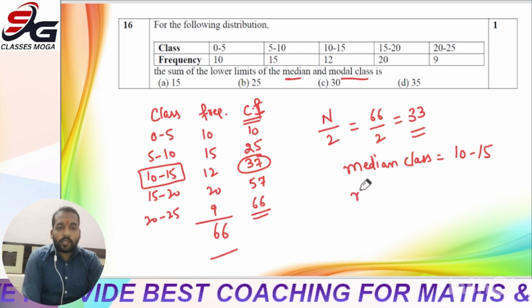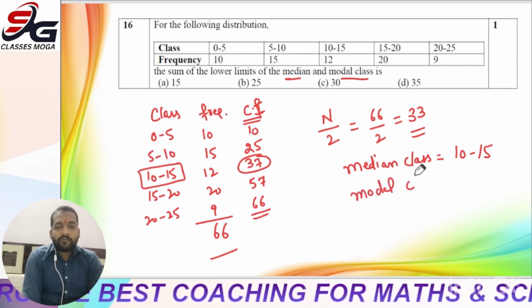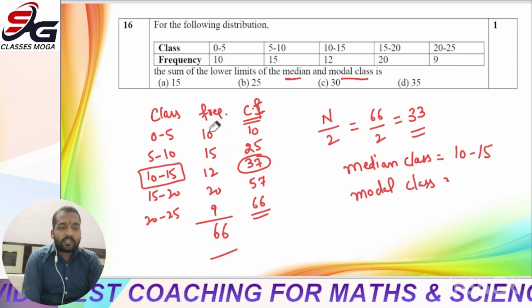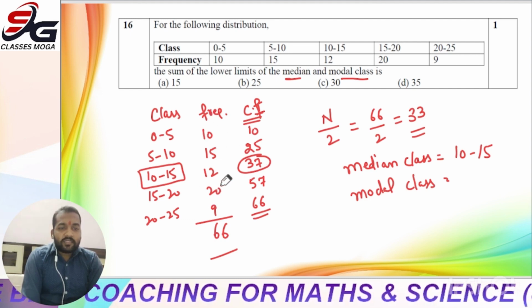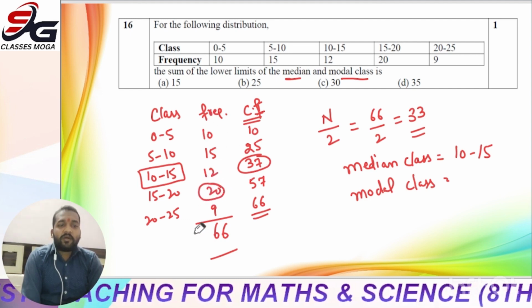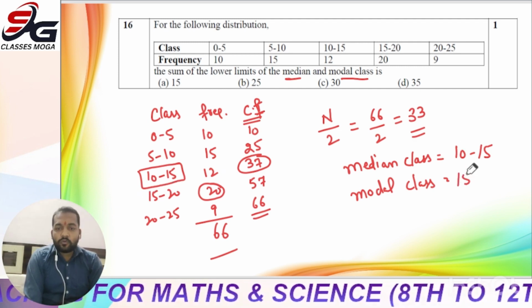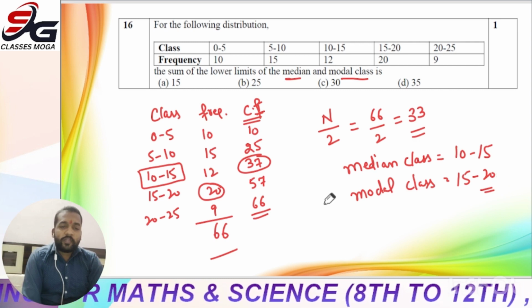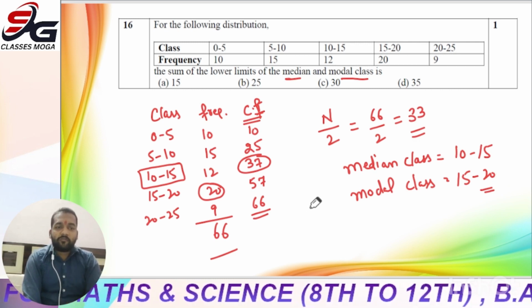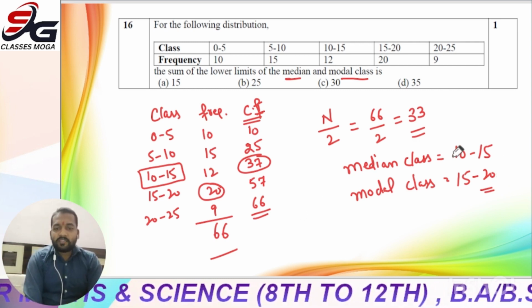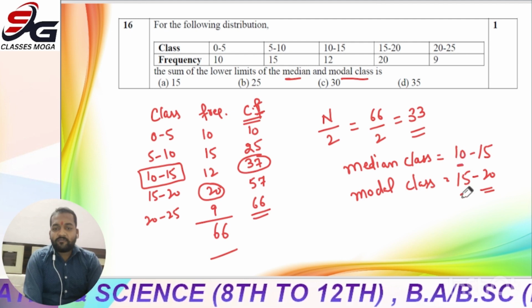And which is the modal class? For the modal class, check the frequency. The frequency with the biggest number, so the modal class is 15 to 20. So what do we have to find? We have to find the sum of lower limits of the median class and modal class. Lower limits mean this 10 and this 15.